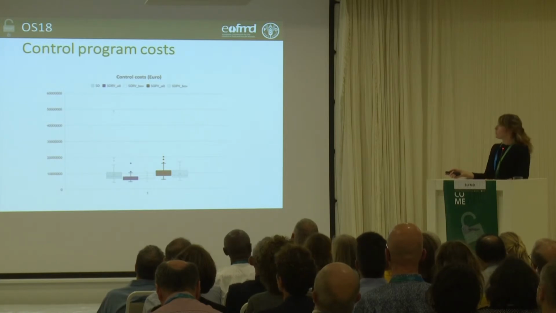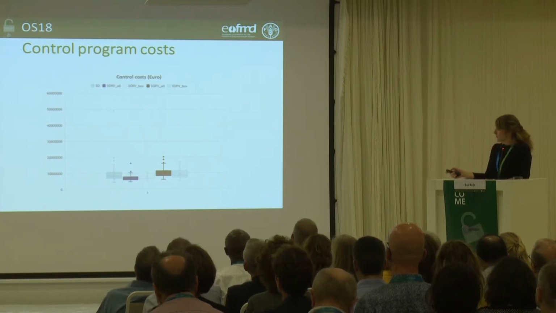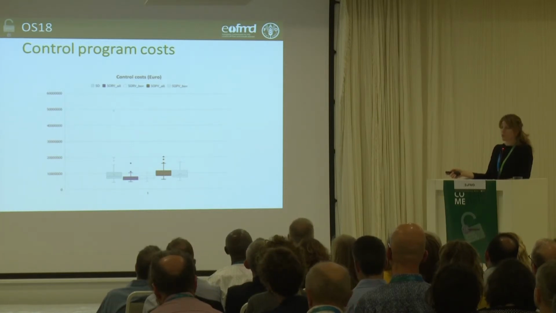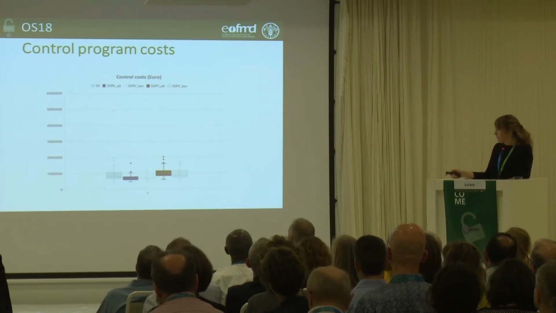If we go now to the control program costs, we can see that once again, suppressive vaccination strategies are going to reduce the control program cost if we compare it to stamping out only.